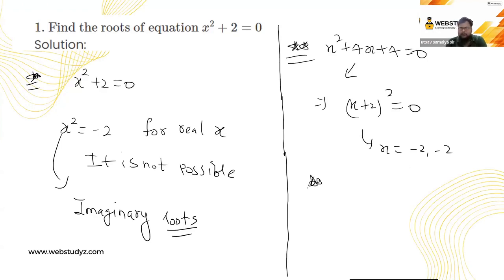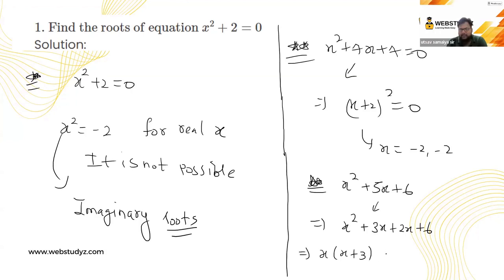Now, let's solve one question with the help of factorization. Middle term split. So how do we split? x square plus 3x plus 2x plus 6. Now, we can take x common. So x into x plus 3, plus 2 common, x plus 3.